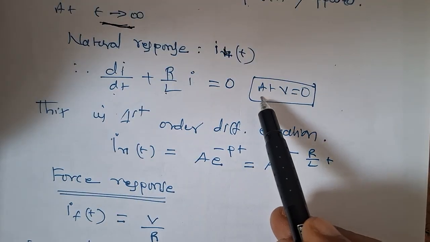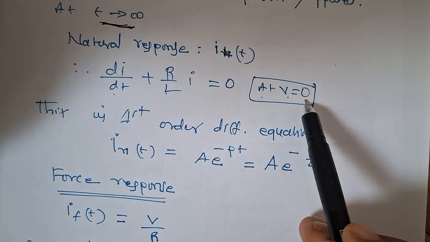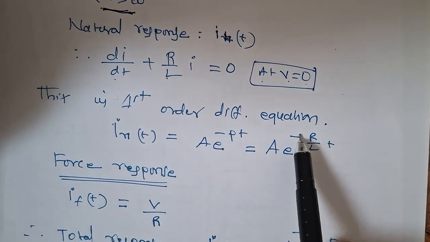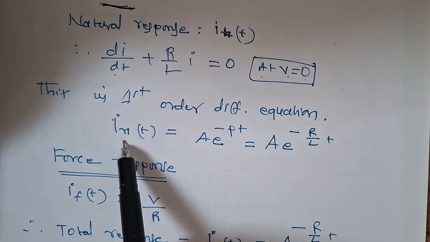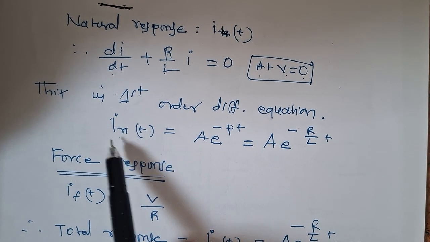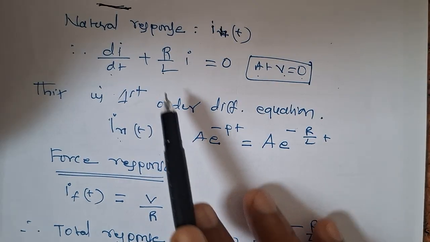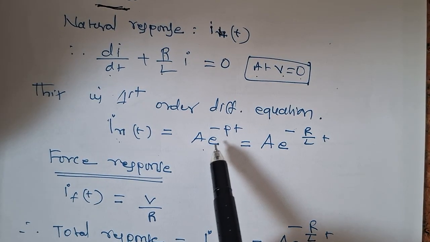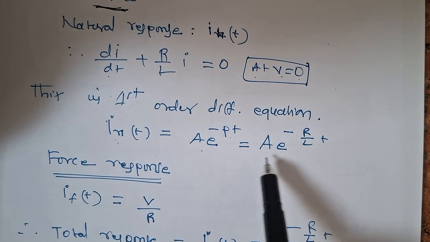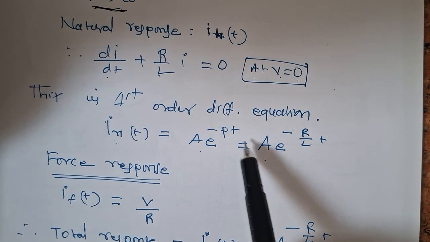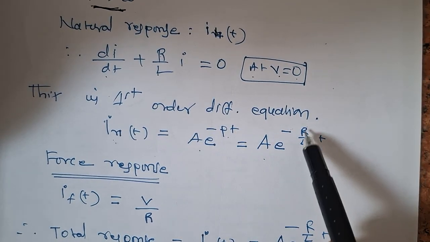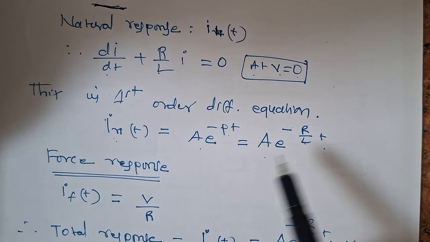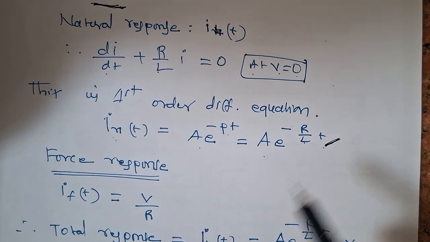Then A plus B is equal to 0. So this is the first order differential equation. So in the natural response, I N of t, we can write this as A into e power minus Pt, that is equal to A into e power minus P, R by L, into t. So this is the natural response.